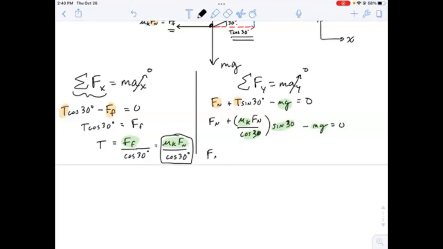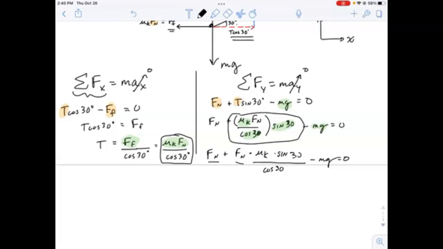I'm going to rearrange this as Fn plus Fn multiplied by mu sub k times sine 30 divided by cosine 30 minus mg equals 0. So I just rearranged this portion right here. I pulled the Fn in front because I'm going to end up combining it with this Fn.